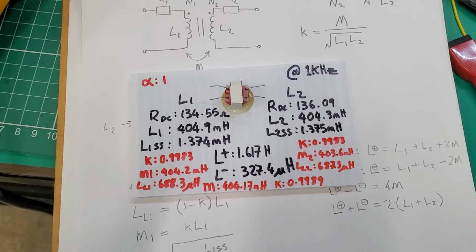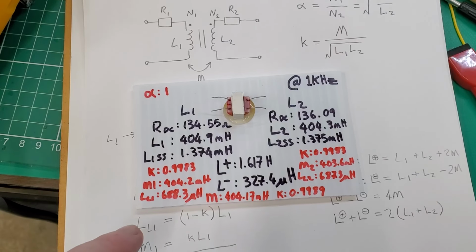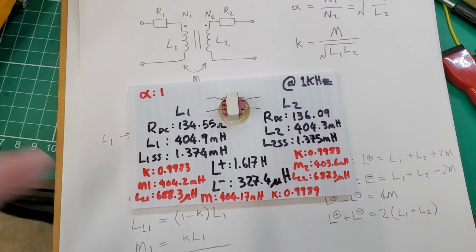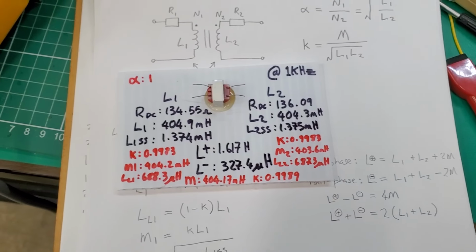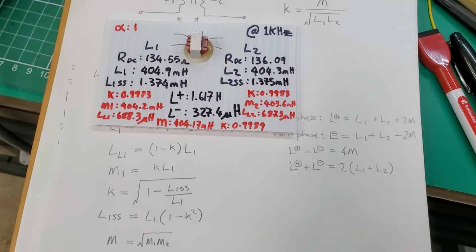If you use that and then try and back out the mutual inductance on this side of the transformer, then you get these values here, which is kind of what you'd expect. And if you do that for the other side, you get these values. The coupling coefficient should be the same. If they're not, then it's probably a measurement error, though they should be very close to each other.